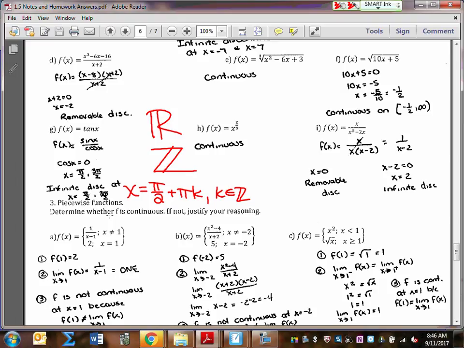Yes? I'm confused on letter F. Letter F on this section? Okay. So here we have a square root, so we know it's continuous on its domain, but the problem is its domain is not all real numbers, so we've got to figure out what its domain is. We know for radicals, the restriction is that what's underneath has to be positive or 0.